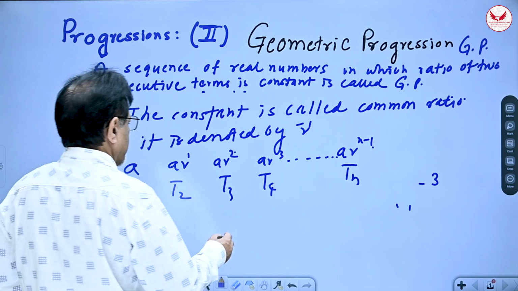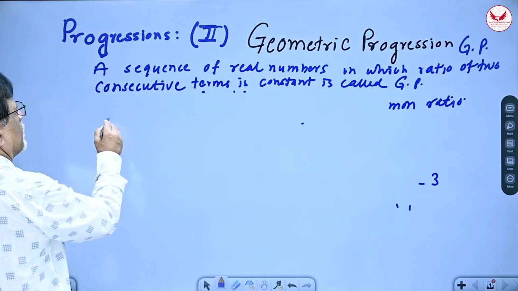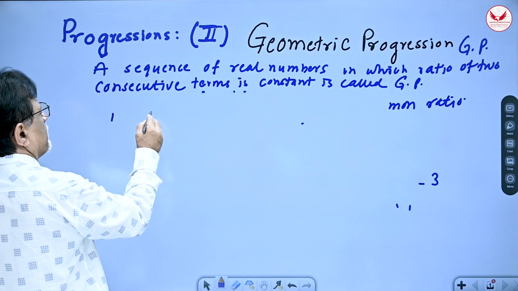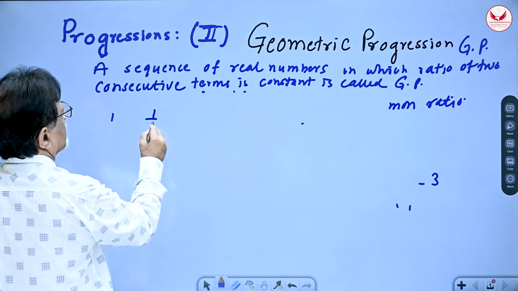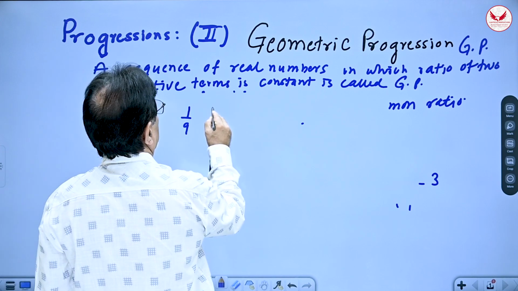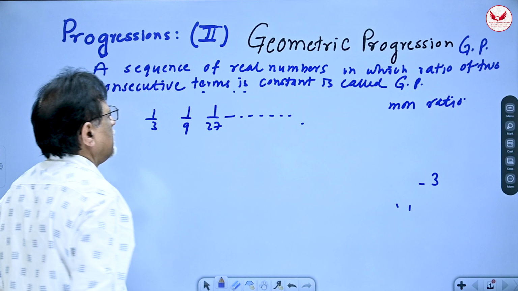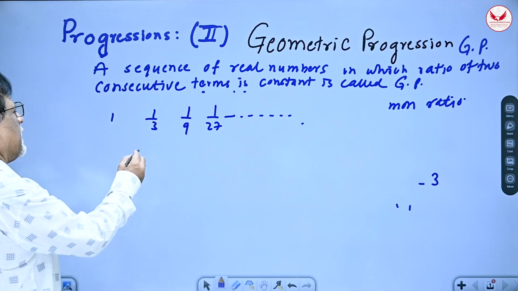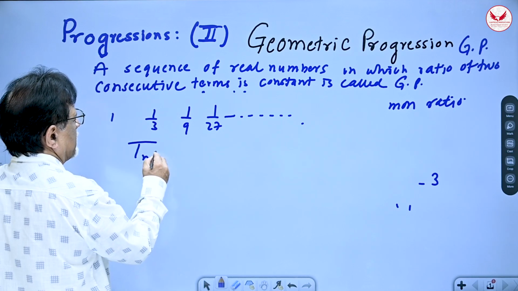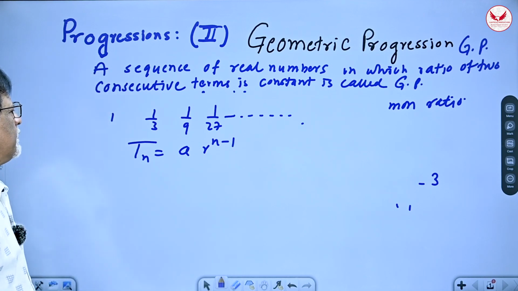So let us see, for example, suppose I start with a number 1. I multiply by, let us say, 1/3. Then again multiply by 1/3, so it is 1 upon 9. Again multiplied by 1/3, that is 1 upon 27, and so on, correct? And I want to find out the nth term. I know the formula for the nth term is given by a R raised to n minus 1.